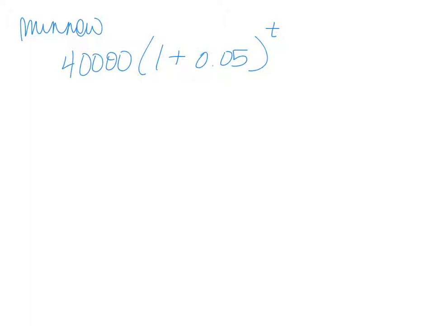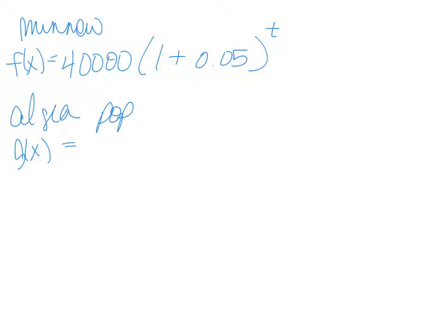And my algae population, we can do f of x equals g of x equals, my initial was 50,000, right? Minus 1,000x. I could really get rid of a lot of these zeros, but that's okay.